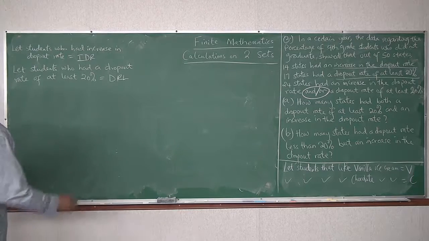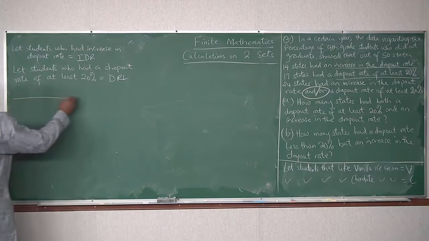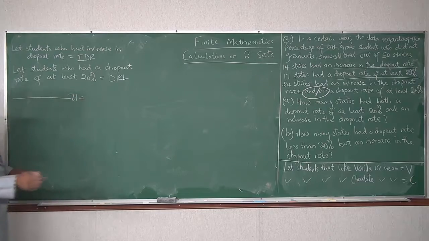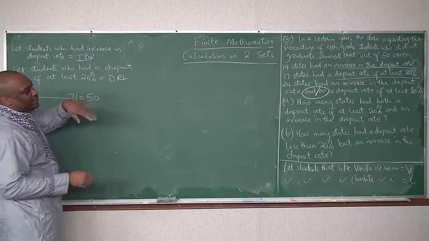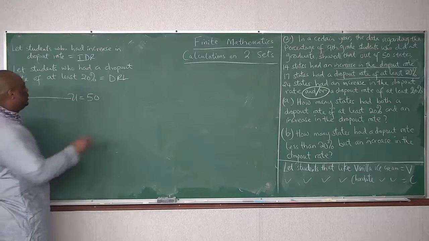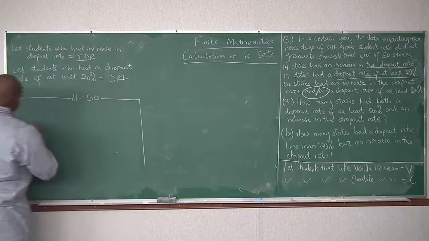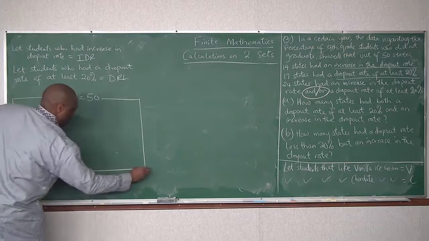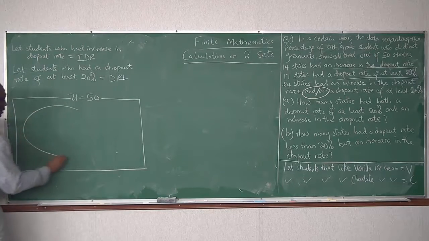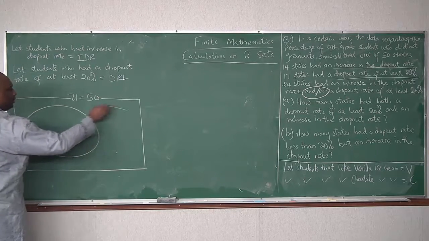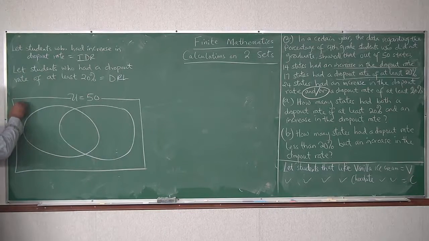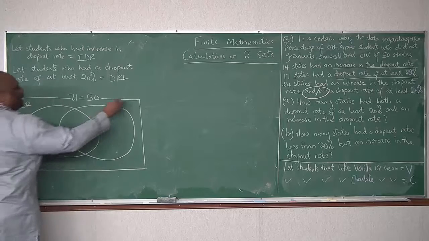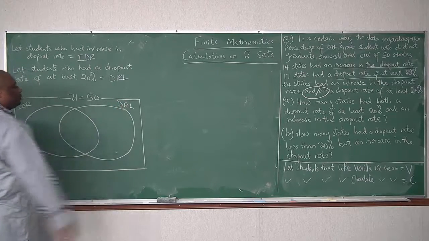All right. So see what we do now, folks. The universal set is what? Out of 50 states. So 50 because they say 14 states, 17 states, 24 states. So universal set is 15. Now we have the first one, IDR and then DRL. So IDR, increase in dropout rate, and then dropout rate of at least 20%.